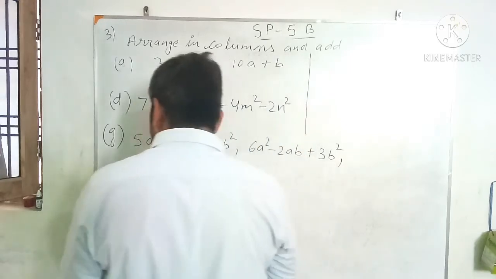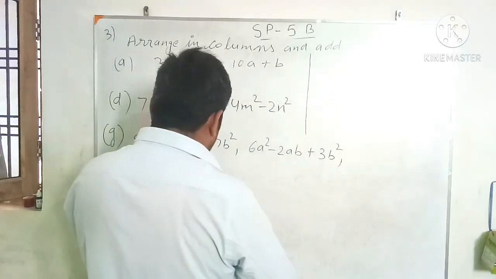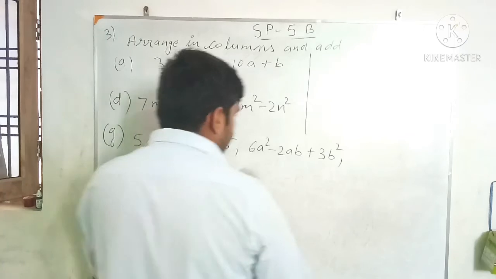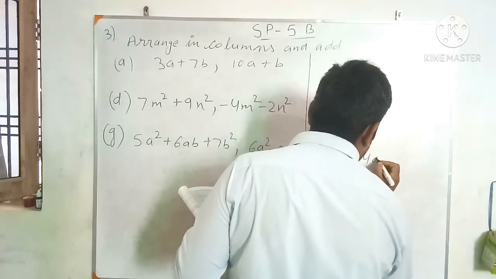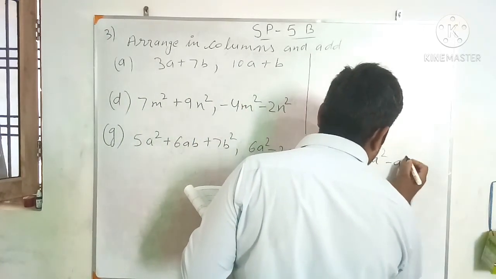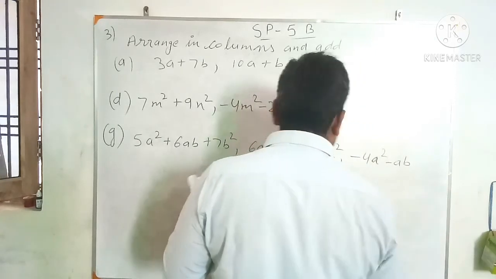The third polynomial is minus 4a square minus ab minus 2b square.